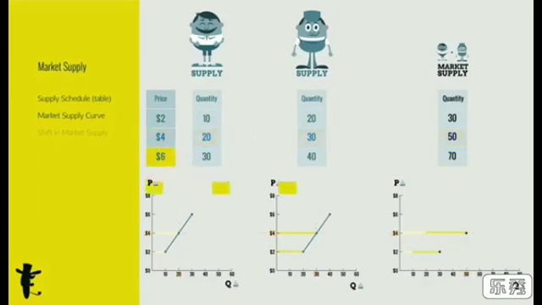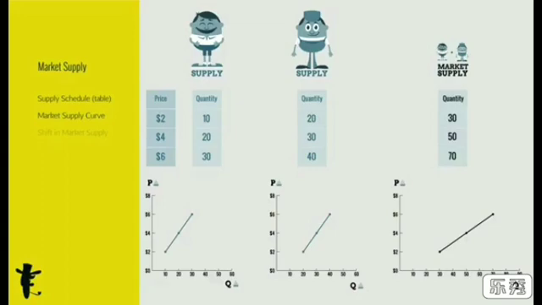At $6, it's 30 plus 40 equals 70. So there you go, the market supply curve.